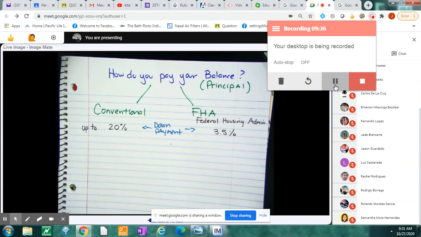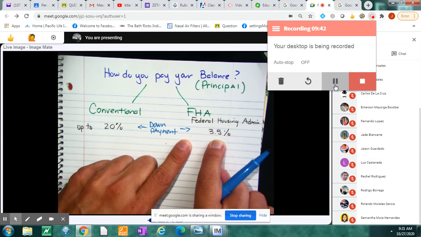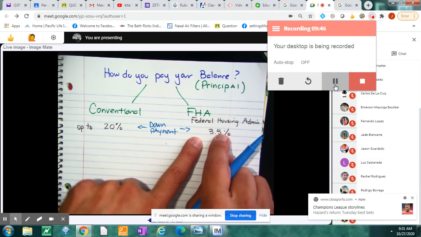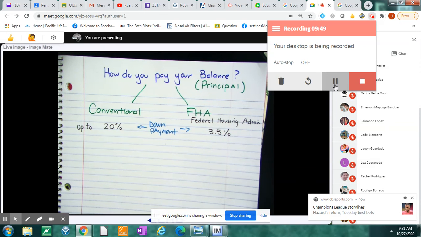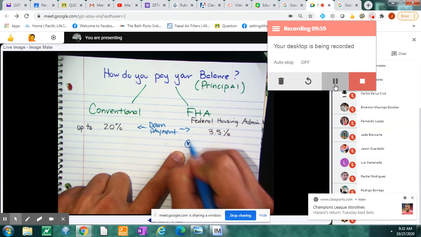The one thing that I didn't tell you about this FHA is that in addition to paying a low down payment, they also give you what's called the PMI. Okay, so I didn't talk about this.